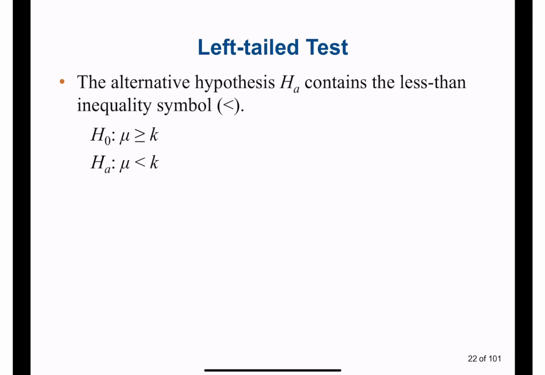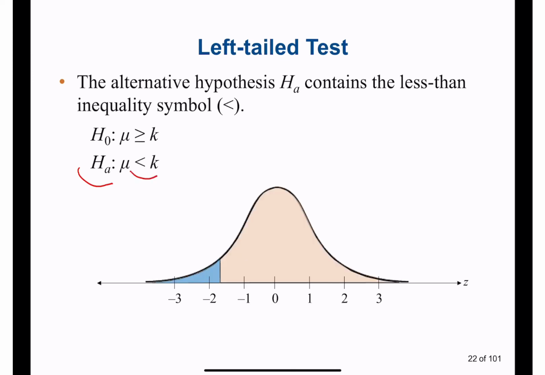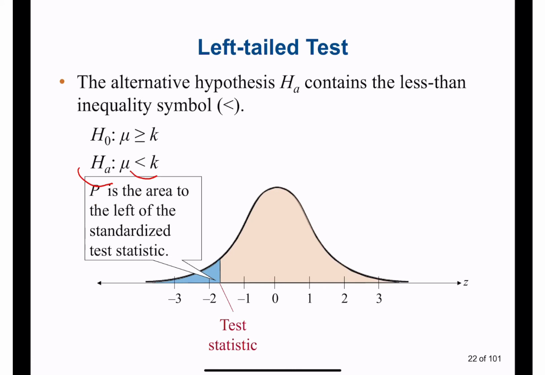How are we going to identify the test based on the alternative hypothesis? If the alternative hypothesis says less than, that means it's a left tail, and the p-value is the area, the percentage of the error.